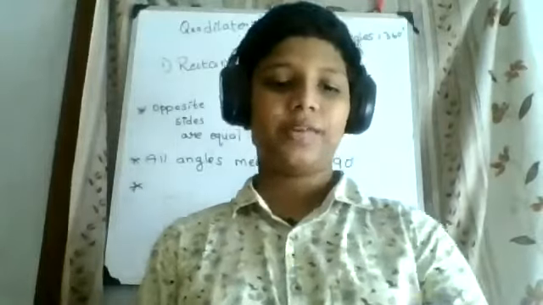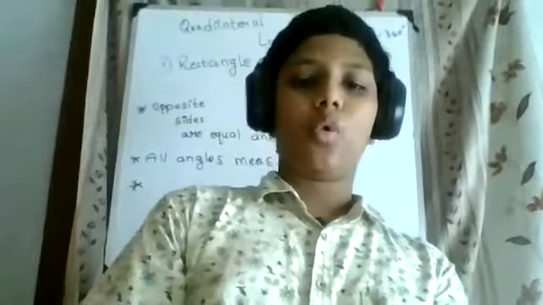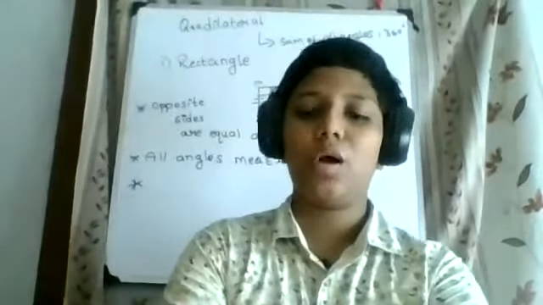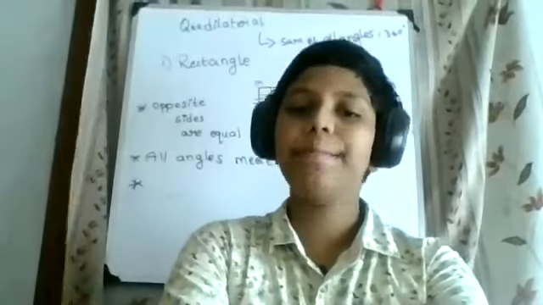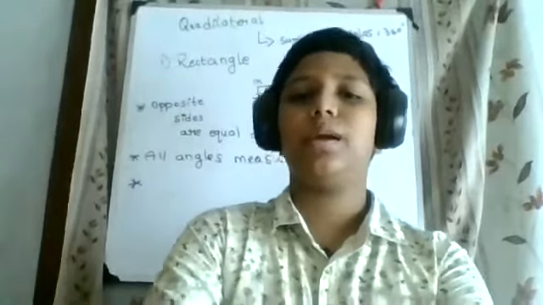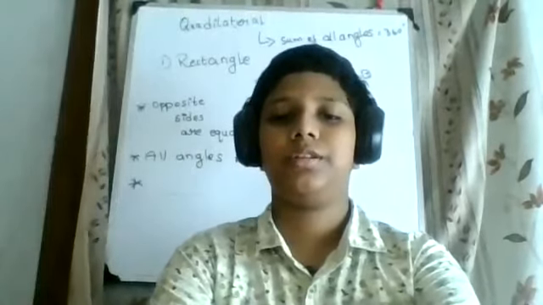How many diagonals will a quadrilateral have? Two diagonals. The same thing, the rectangle will also have two diagonals.